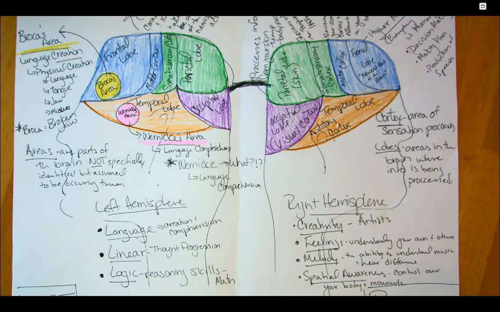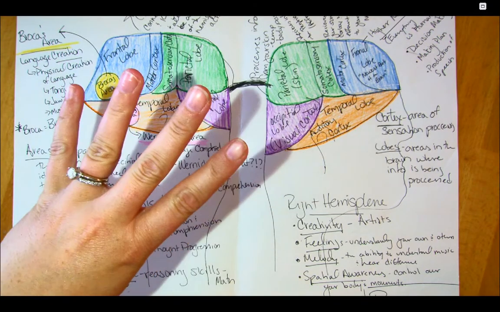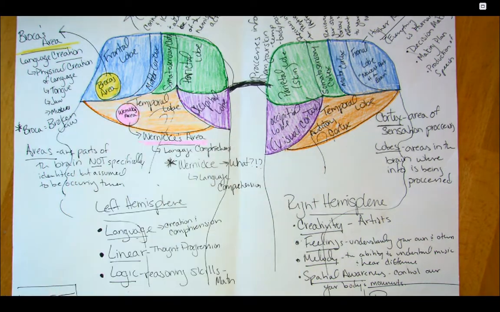Three big things you have to know from this video. You need to know that you have 4 lobes of the brain, and each of the lobes has cortexes. You need to be able to say the lobe and the cortex that is in that lobe. You also need to be able to say what are the 2 areas in the brain and what lobe they're in.